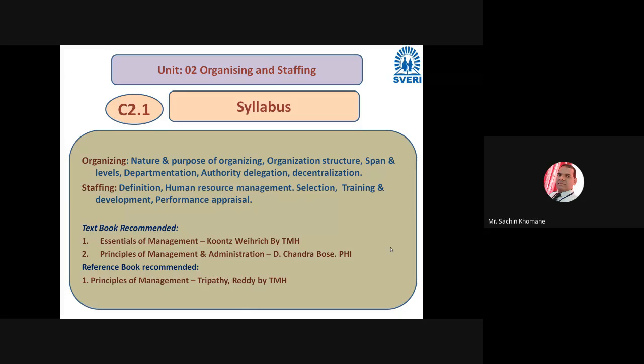The next bit is organization structure. Every organization has a certain structure, right? From the management, or below that you can say CEO, general manager, assistant manager, managers, engineer, helper, labor.